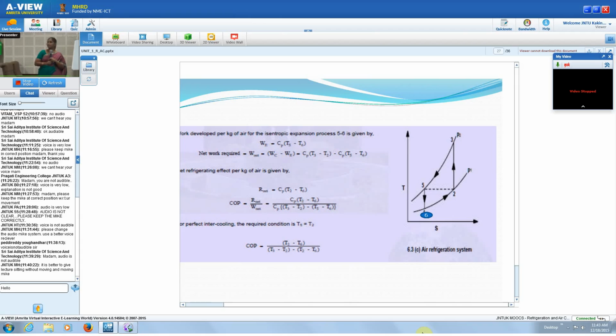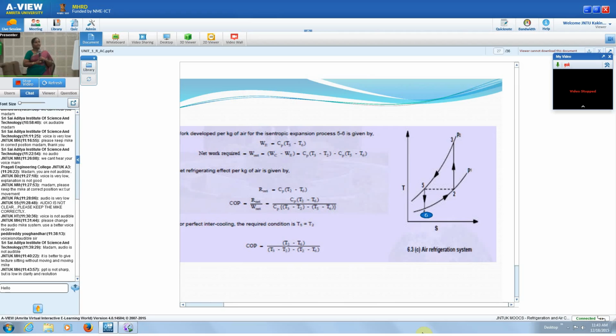Work input is the work required by the compressor minus the work done by the expander. The refrigerating effect produced during the process 6 to 2 is represented by Cp into (T2 minus T6). So that is Cp into (T2 minus T6).